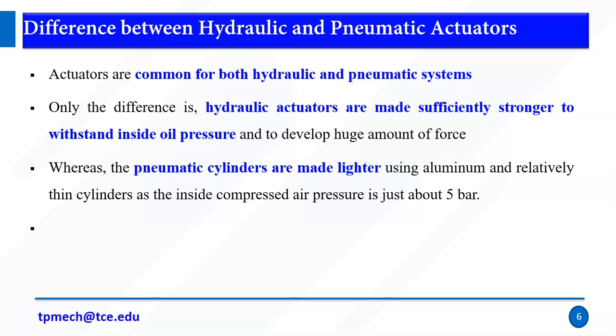Actuators are common for both hydraulic and pneumatic systems. The only difference is that hydraulic actuators are made sufficiently stronger to withstand the inside oil pressure and to develop a huge amount of force.